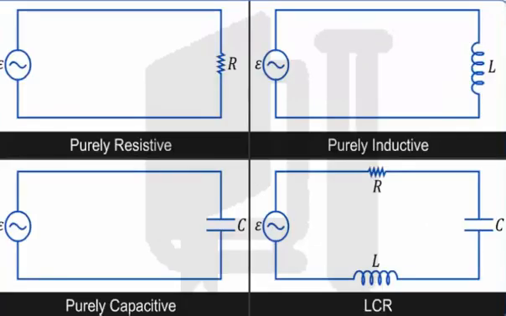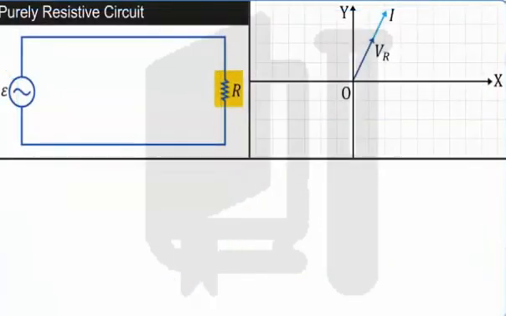Let us observe the variation in the power dissipation across various AC circuits based on variation in the power factor. If a circuit has only a resistor, it is called a purely resistive circuit.